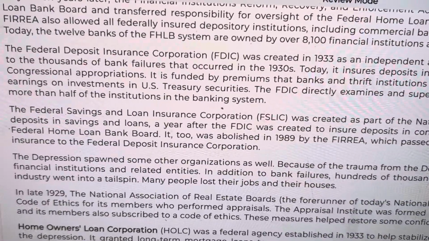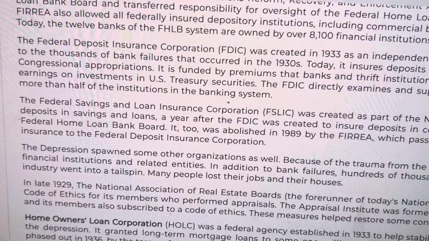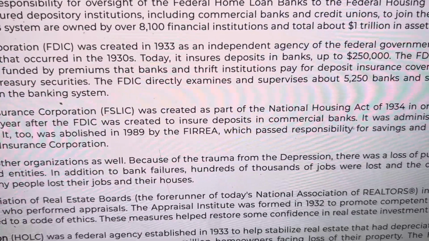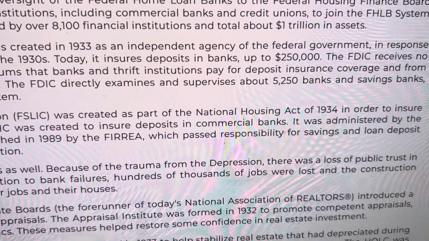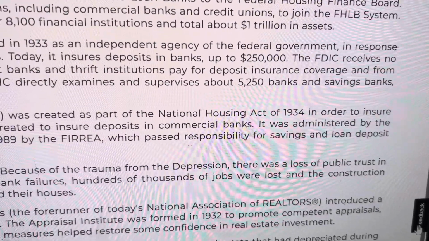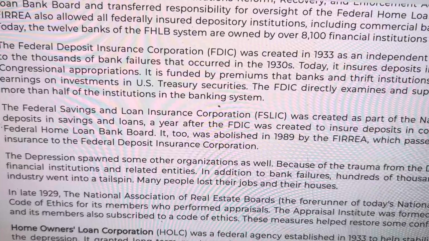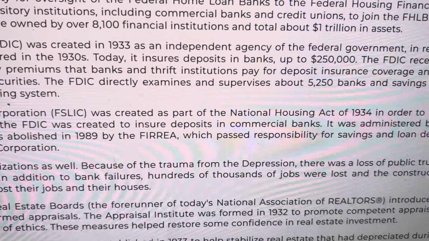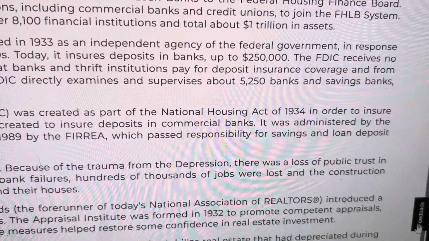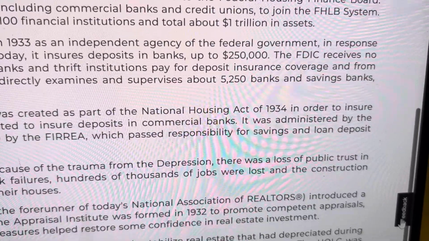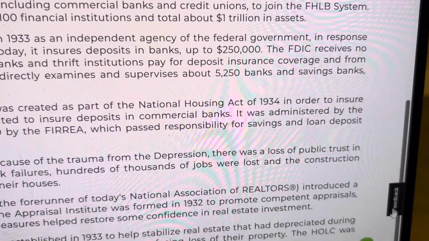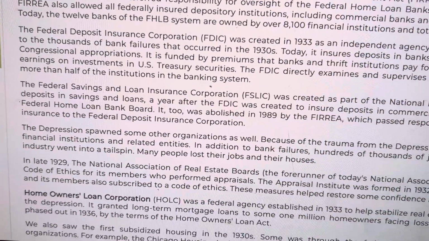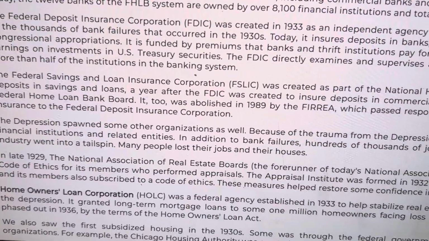The Federal Deposit Insurance Corporation, FDIC, was created in 1933 as an independent agency of the federal government. In response to the thousands of bank failures that occurred in the 1930s, today it insures deposits in banks up to $250,000. The FDIC receives no congressional appropriations.